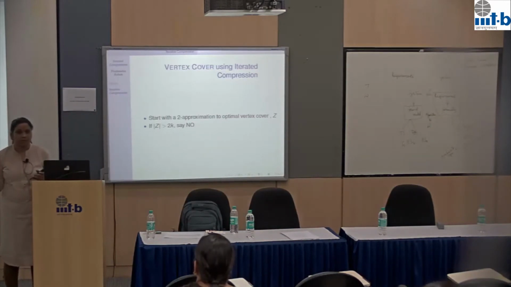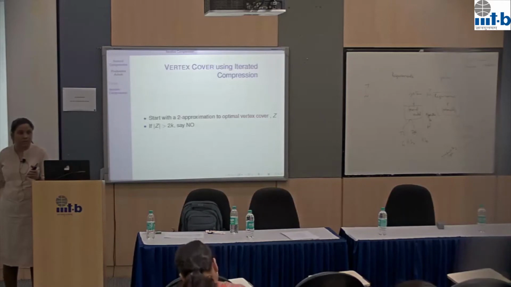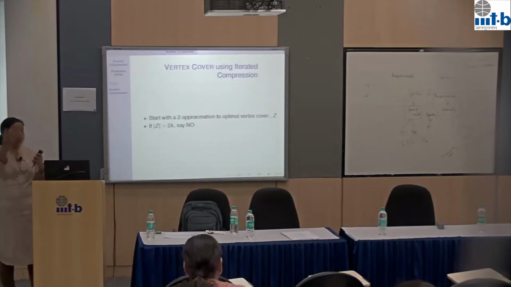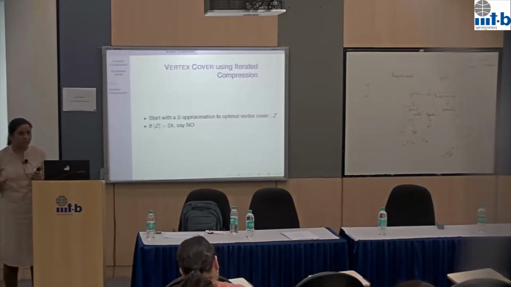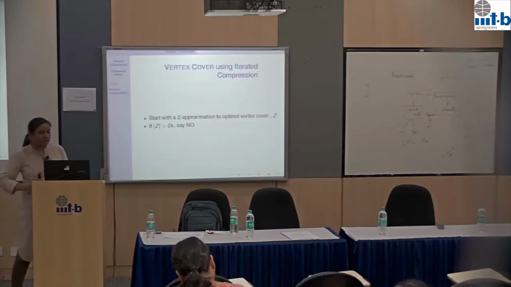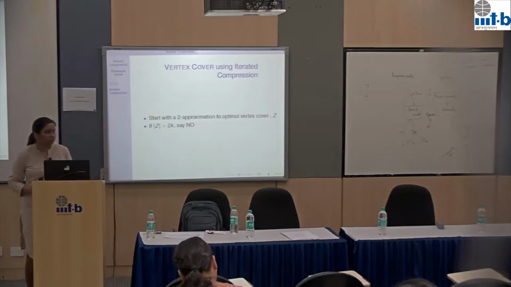It is larger than k, because you are running a 2 approximation algorithm, so the solution should be within twice the optimal. If Z is greater than 2k, then it's a no instance. That means there cannot be a solution of size k or less. So if Z is greater than 2k, say no.